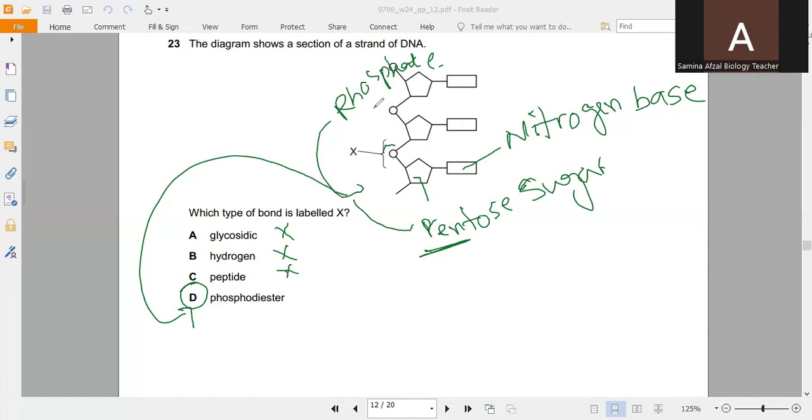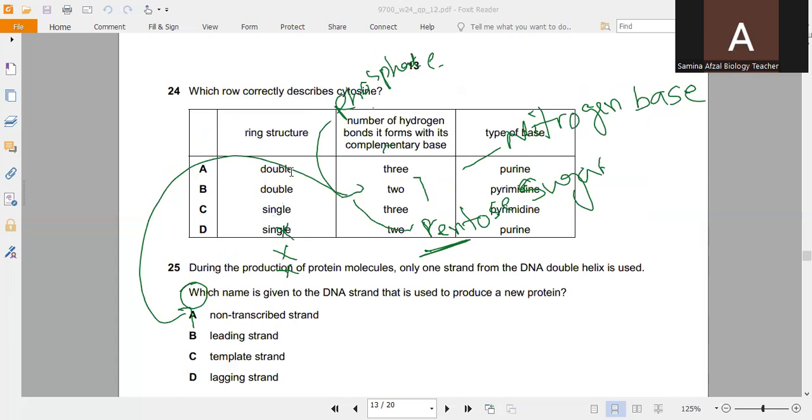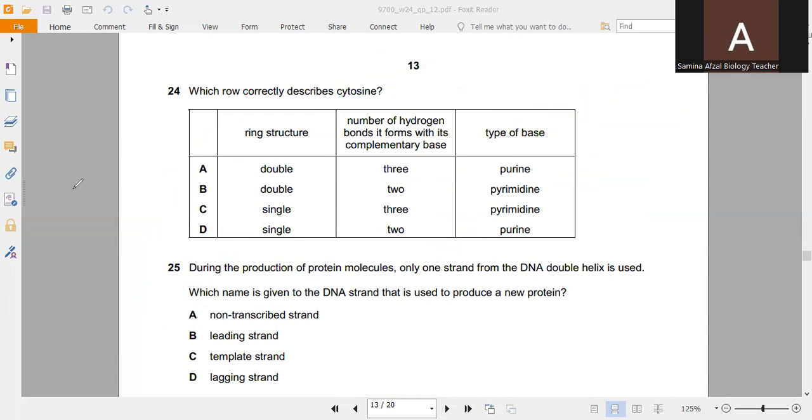Now we are moving towards the next question, number 24. Question number 24: which row correctly describes cytosine? Cytosine is a nitrogen base, and this nitrogen base is a pyrimidine.